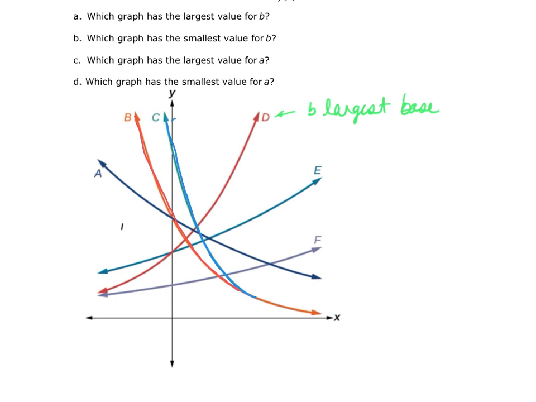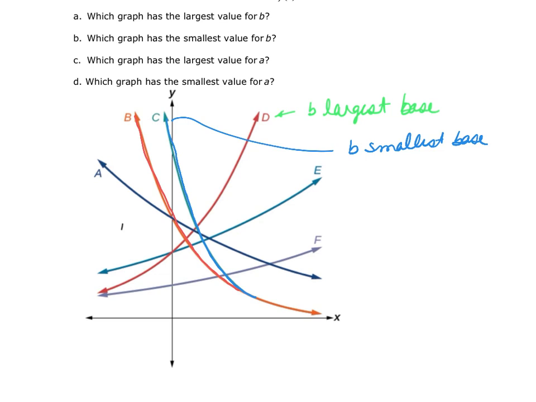So then C must be the one where my base is my smallest base. And again, that's because if you think about it, if you had a base of 0.2 and a base of 0.1, the reciprocal of 0.1 is going to be a larger number than the reciprocal of 0.2.